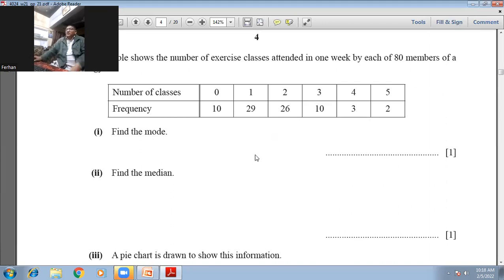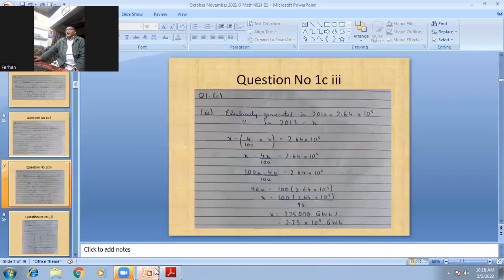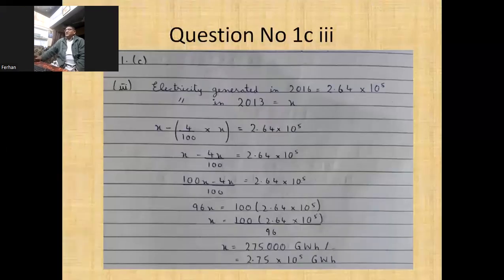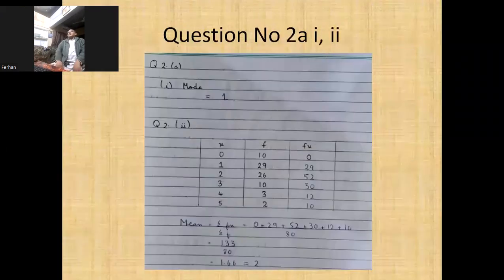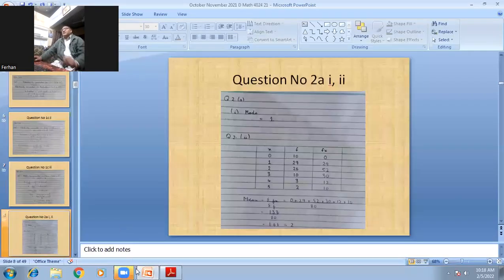Let me show you how this is done. Okay, so the mode is 1. You can see here I have written the X values, the frequencies are written here, and here we have written the F. But she's finding the mean.